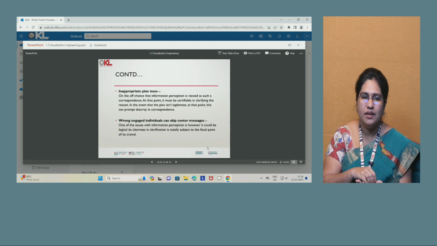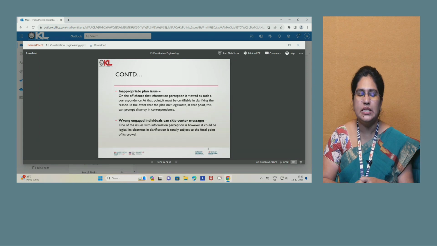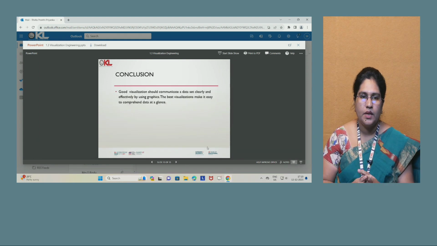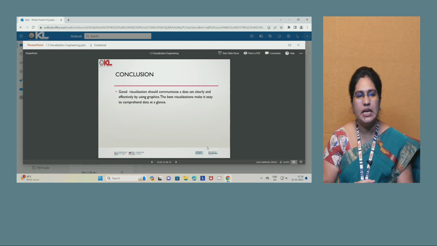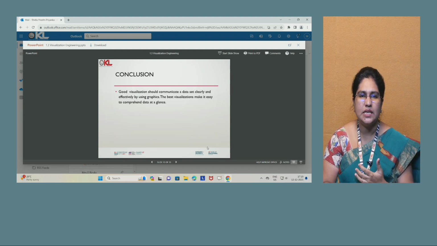So in that area, non-engagement of individuals will also skip the core message. So what is the goal? Good visualization can communicate the data set clearly and effectively by using graphs. This is the best visualization, making it easy to comprehend the data at a glance. This is very important, as we can project our data very clearly and effectively.